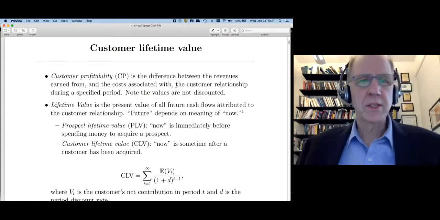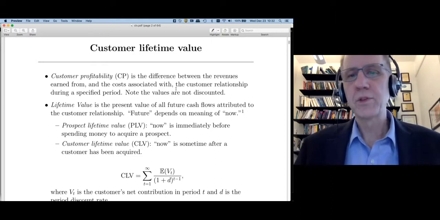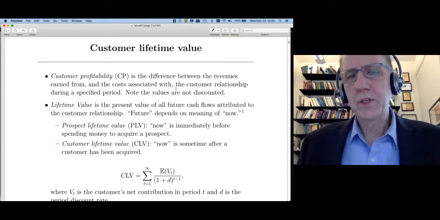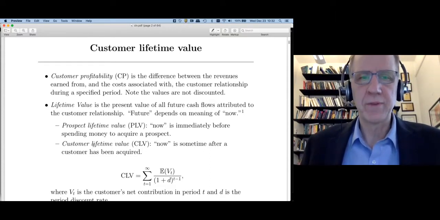So more precisely, lifetime value is going to be the present value of all future cash flows attributed to the relationship. Sometimes there's a distinction made between prospect lifetime value and customer lifetime value.